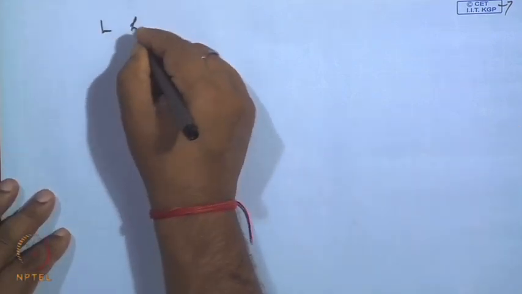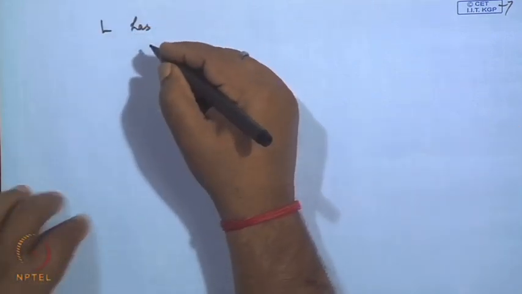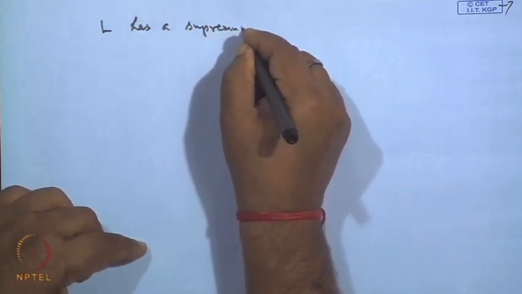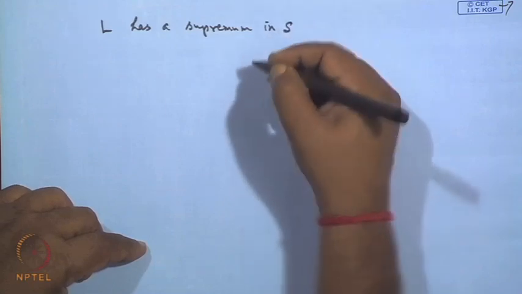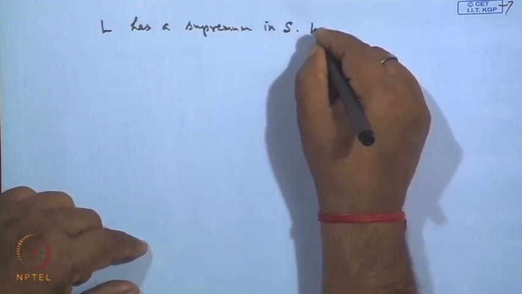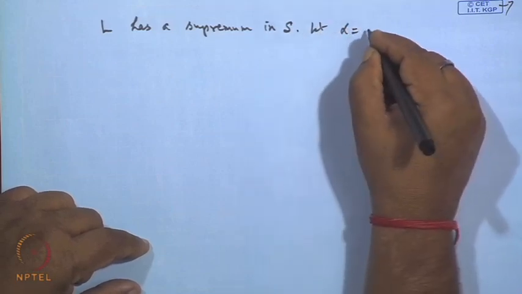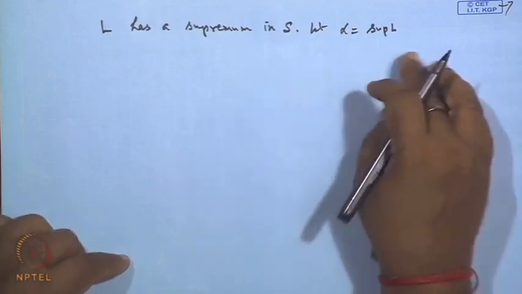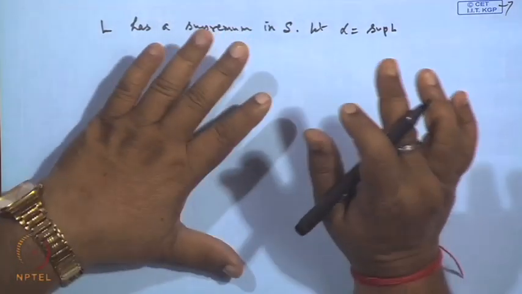So, L has a supremum value in S, the supremum exists, and let it be alpha. Suppose the supremum value of L is alpha.